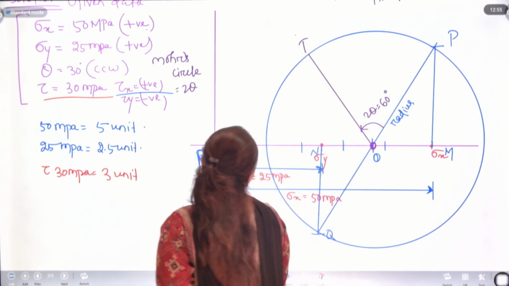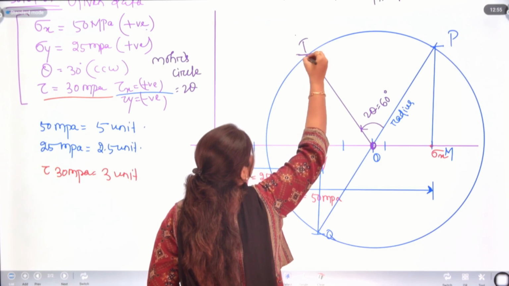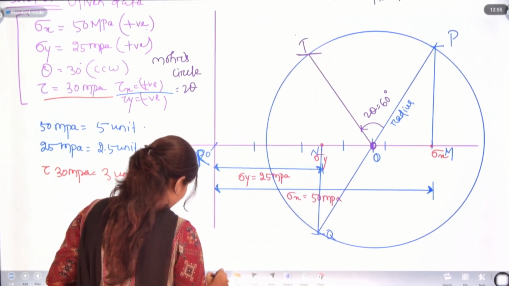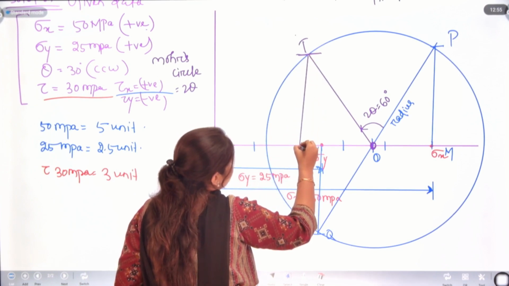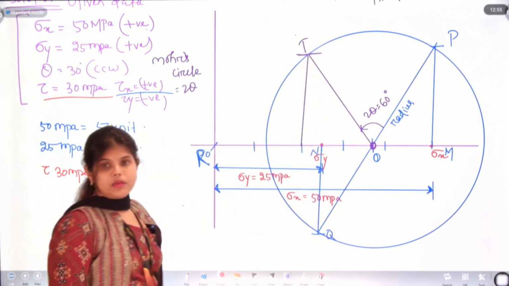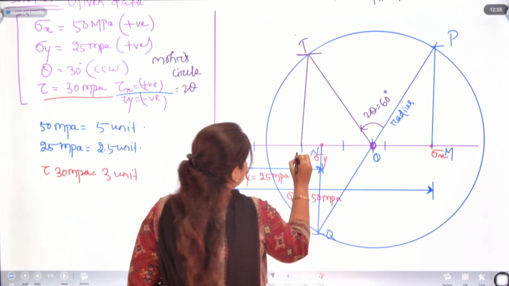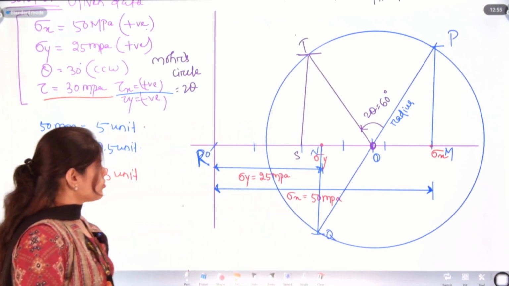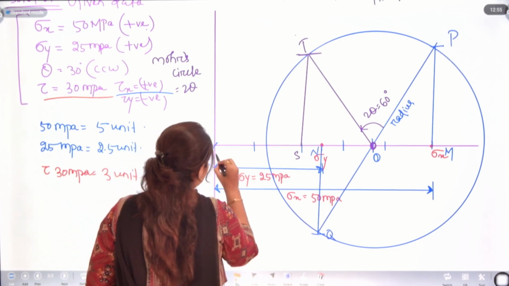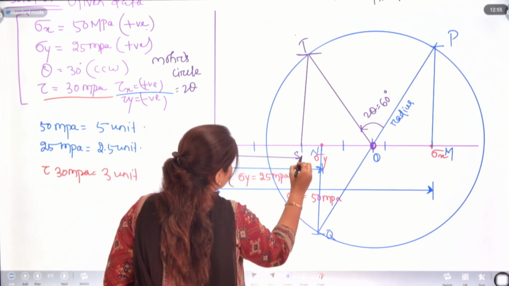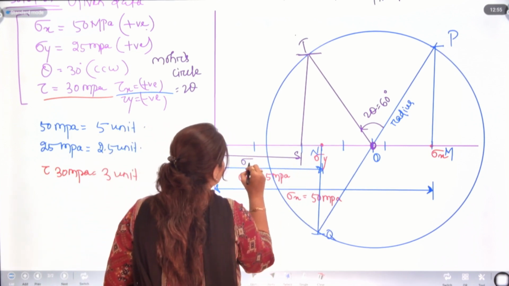So, next what will we do? As always, we will draw the perpendicular from T. Okay, let's name it as S. So, this OS is nothing but your sigma n.